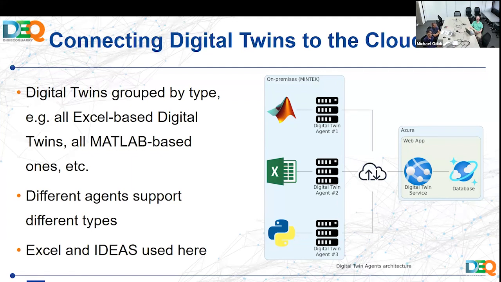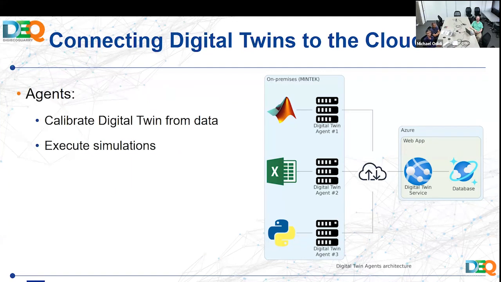Next slide, please. I've talked a bit about this, but essentially what these agents are doing is, on the one hand, running the steps required to take plant data and calibrate the model, and on the other side, actually executing simulations.